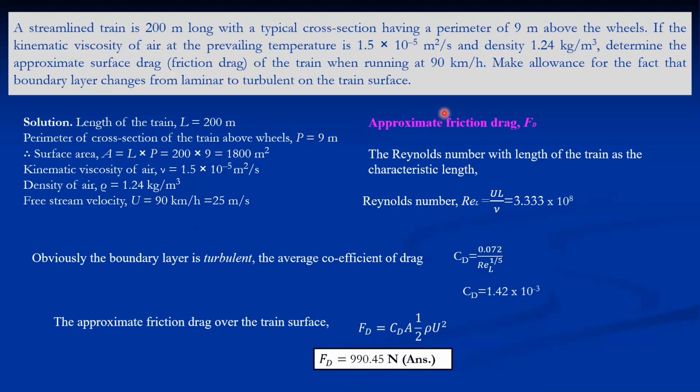Because the speed is high, the drag force is considerable. Around 1000 Newton is a considerable value of drag force. So at the design stages, efforts are taken to minimize these powers by minimizing the edges as far as possible, making curvature, and making the body streamlined.